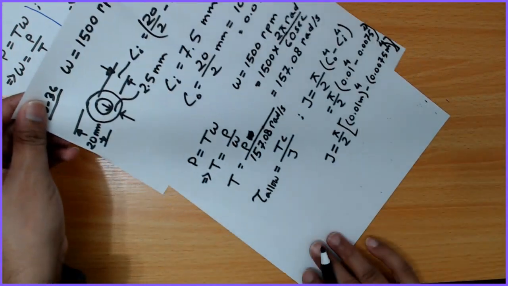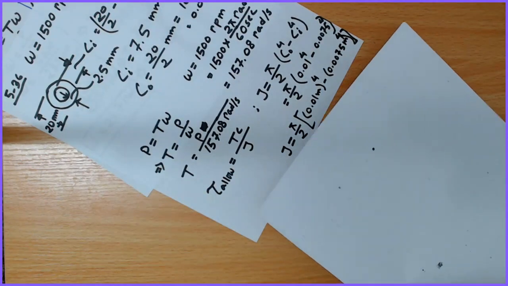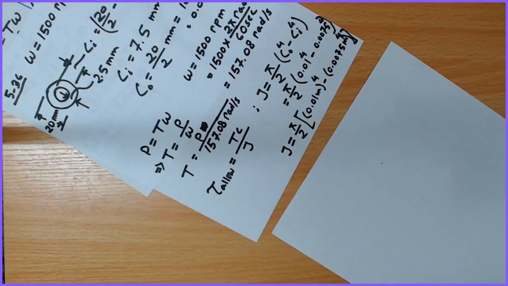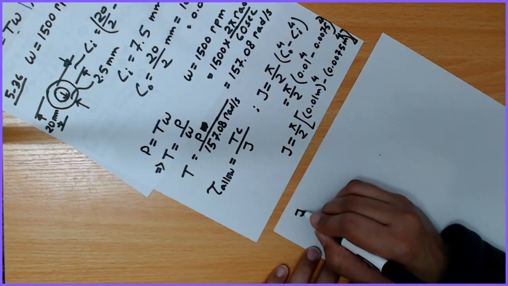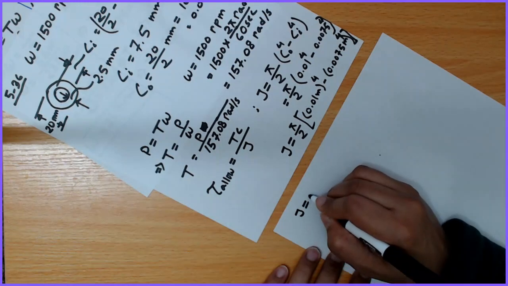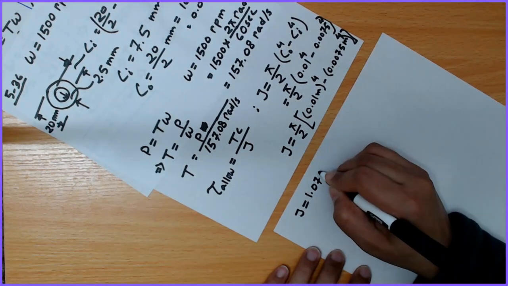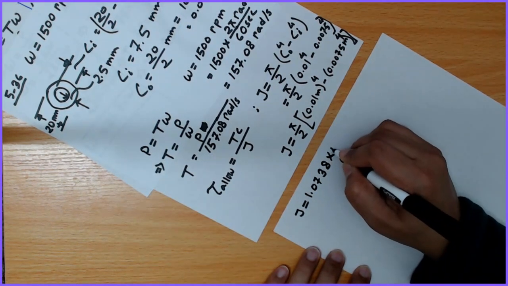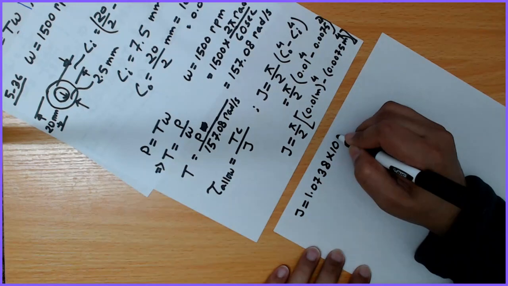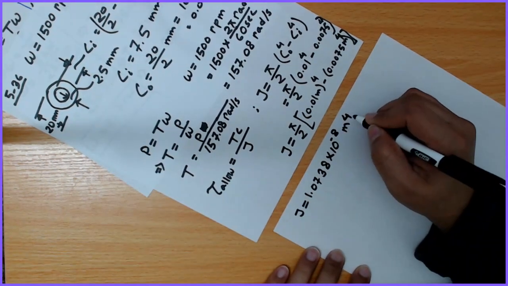Now if I take these values, J is equal to 1.0738 10 to the power minus 8 meter 4.